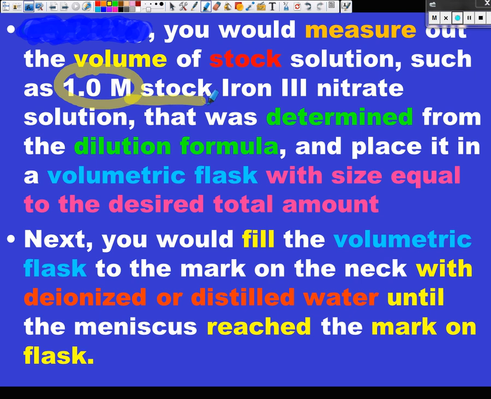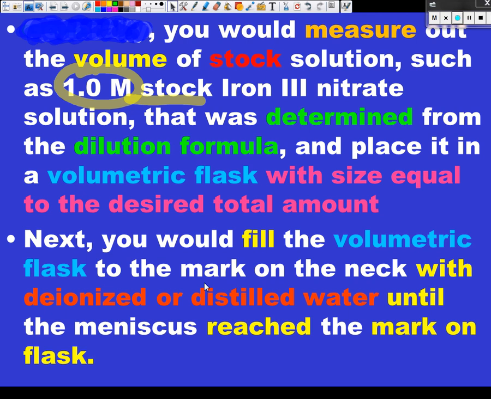True, okay? So, again, we would need to know how much of the stock solution we need and how big of a flask we're going to put it in. Now, if you say flask, that's still kind of wrong. What kind of flask? Volumetric. So let's move on. Next, you would fill the volumetric flask to the mark on the neck with DI water until the meniscus is reached on the flask.